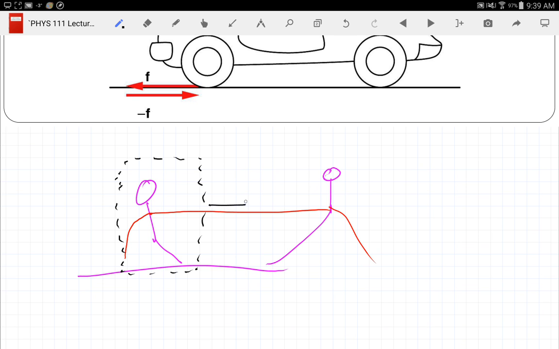So I'm going to have the force of tension going like that. What other force horizontally is acting on that person? The force of friction, which is going to be acting this way. And so what's going to decide if that person accelerates forward or accelerates backward or stays at constant velocity?